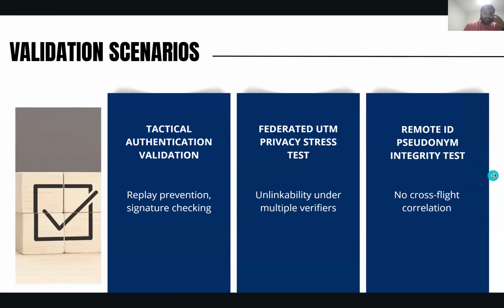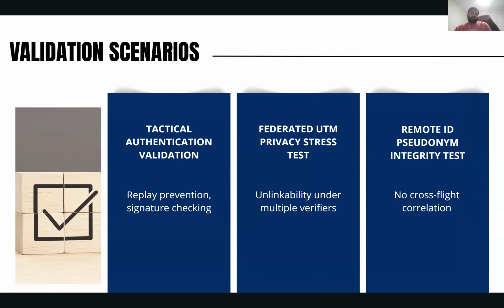So coming to validation scenarios, we validated our solution using three different scenarios. The first one is tactical authentication. This tests replay prevention, signature correctness, and also the ability of UTM to authenticate drones without learning their real identity. Coming to the second one, federated UTM privacy stress test.